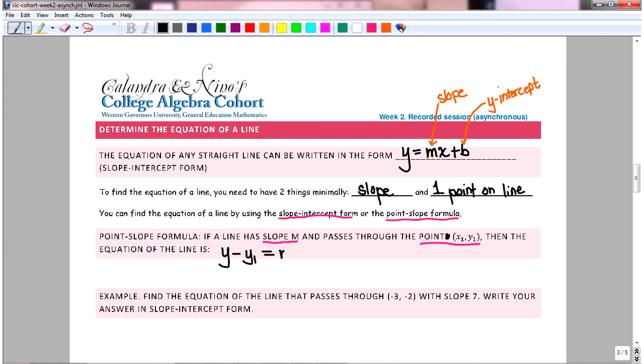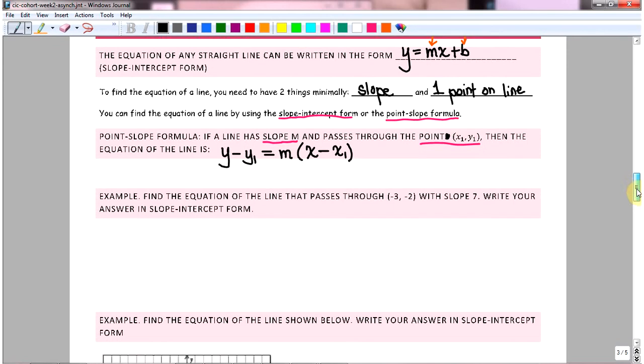That will equal our slope, m, times, in parentheses, the variable x, minus whatever the number x sub 1 is. So we'll go through an example finding the equation of a line using both formulas, and then you can just stick with the one that's easiest for you.